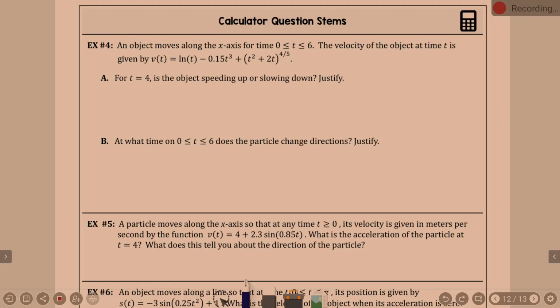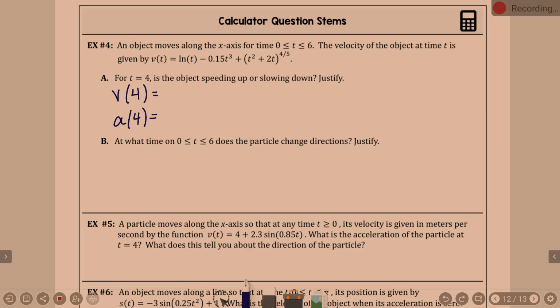For t equals 4, is the object speeding up or slowing down, and justify. Find the velocity and the acceleration. So we need to find v of 4 and a of 4. Am I doing any of this by hand? No way.